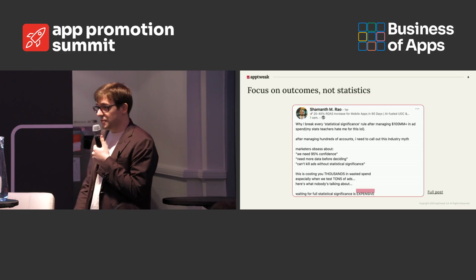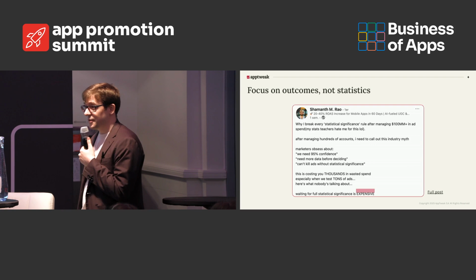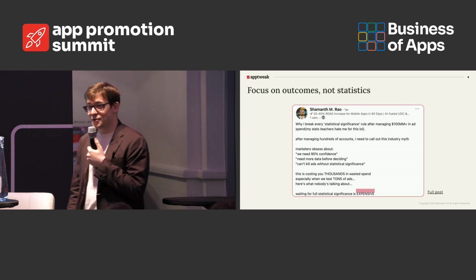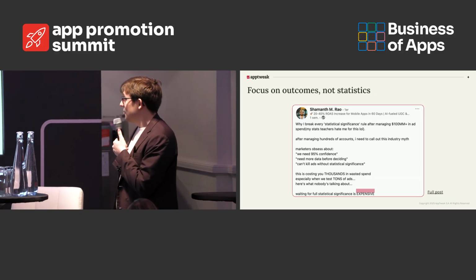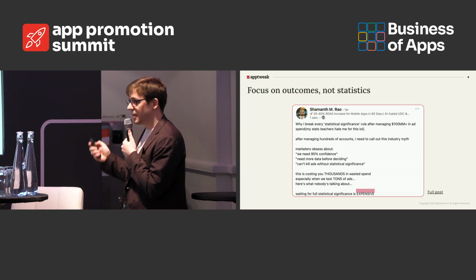I told you p-values are great. You don't need to be statistically significant all the time. Take it from someone much more famous than I, who's telling you it can be really expensive to wait for statistical significance.